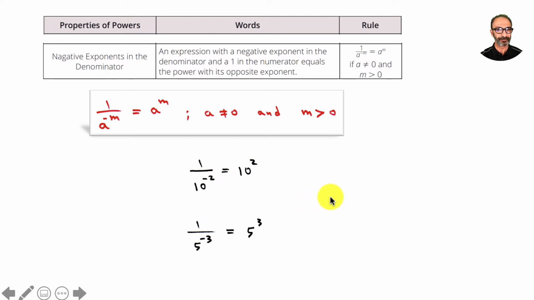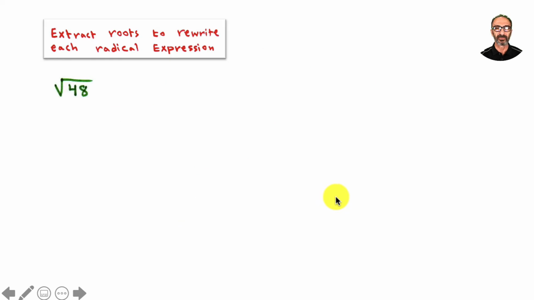Next, let's try some different examples as a warm-up for the coming problems in radicals. If it says extract roots to rewrite each radical expression, I have on this page 1 problem, and the coming page has 3 more problems.